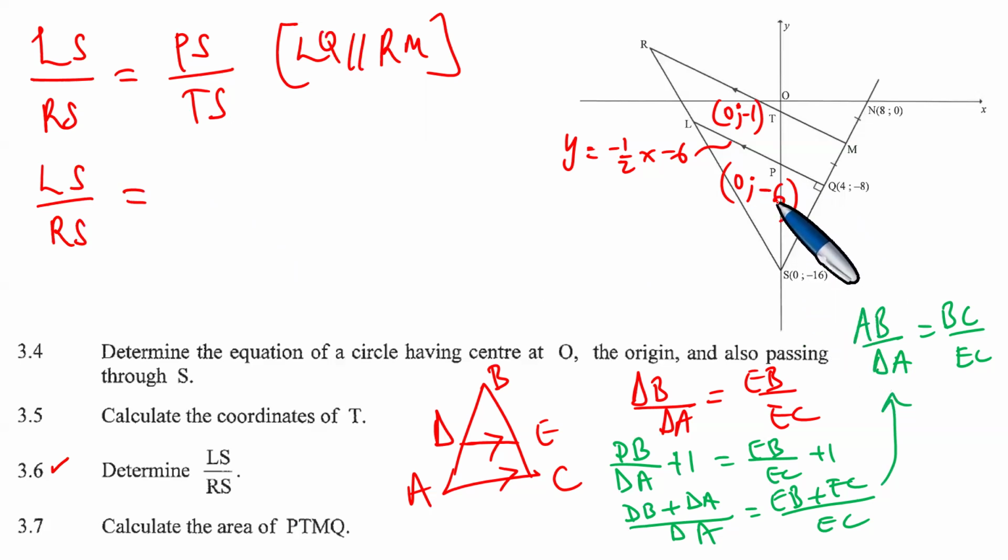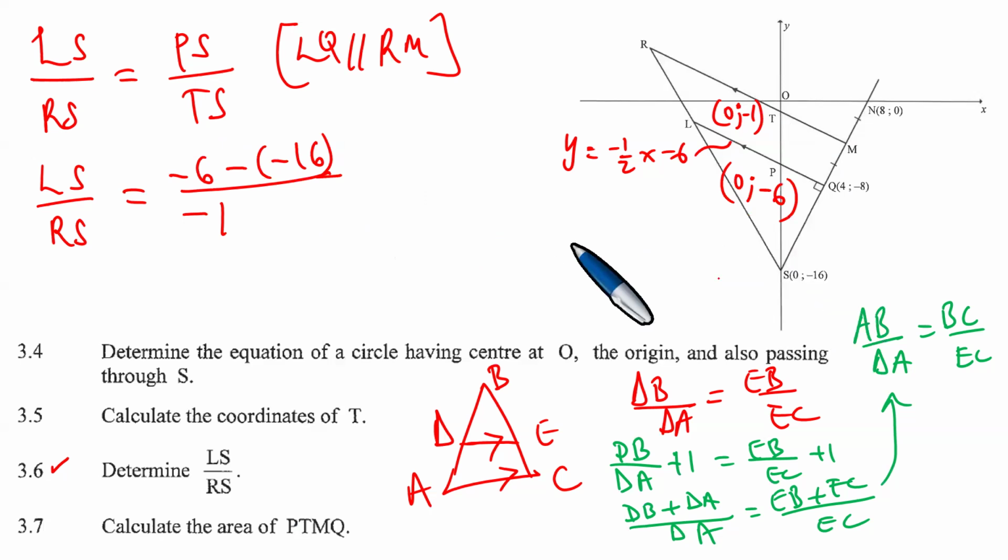Which one is larger between -6 and -16? The largest is -6 minus the smallest number. We proceed to divide by TS. You take the largest minus the smallest. The largest is -1, the smallest is -16.